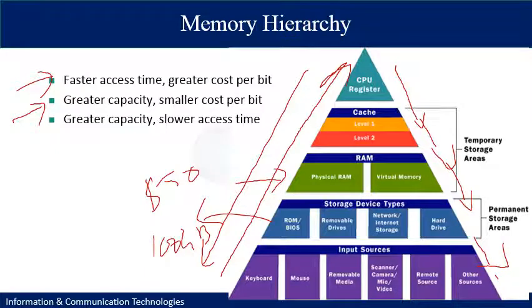So you can see the space in the storage device is greater than the space in the memory device. So when you have the greater capacity, the cost per bit is lower. Also, greater capacity induces slower access time because the system will have to go through a large portion to find out the specific information.